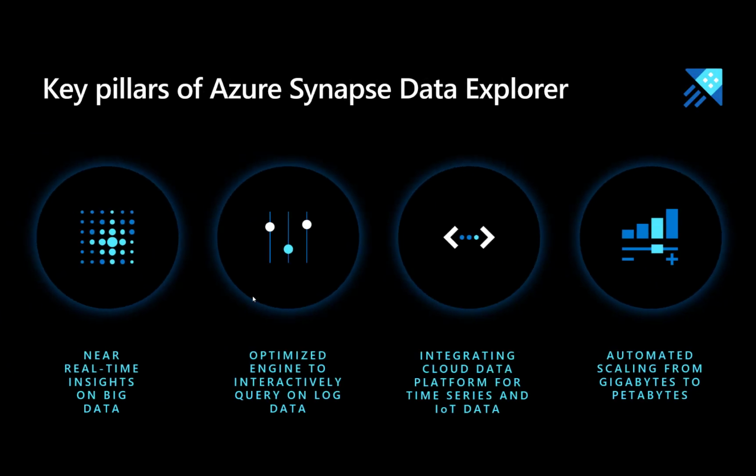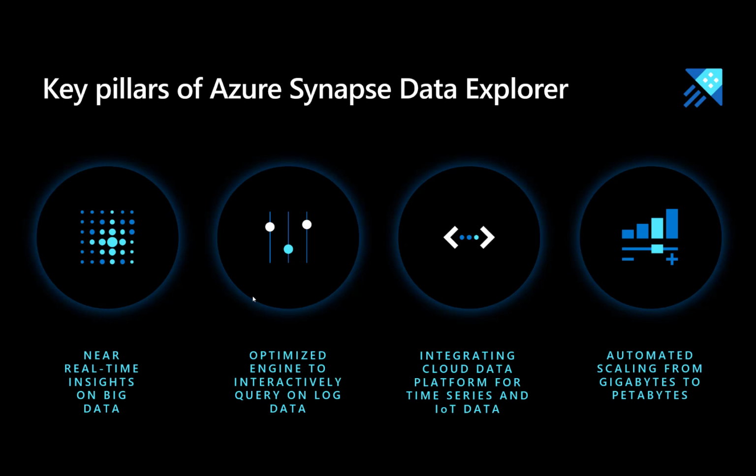So what are some of the key pillars of Azure Synapse Data Explorer? What makes it so cool? Well, it gives near real-time insights on big data over data in petabyte scale, like I mentioned. It has an optimized engine to interactively query on log data because it indexes and compresses all of the data as it's being ingested.